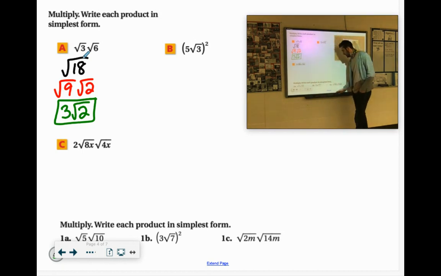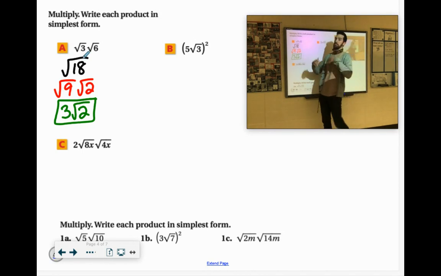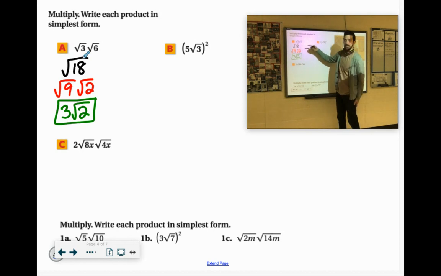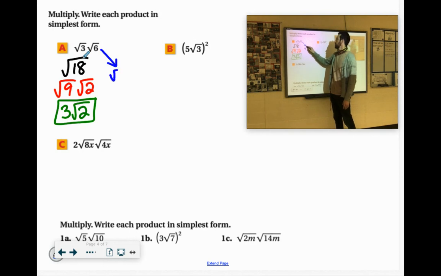But check this out. If you can find something they have in common, like 3 goes into both of these, think of this like root 3, that's the first root 3, and then root 6 would be like root 3 times root 2.